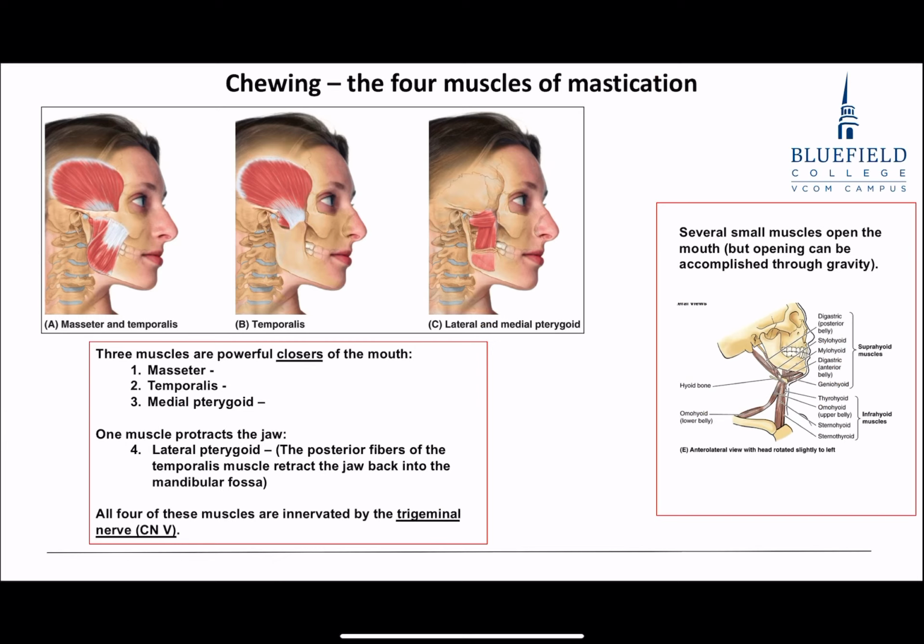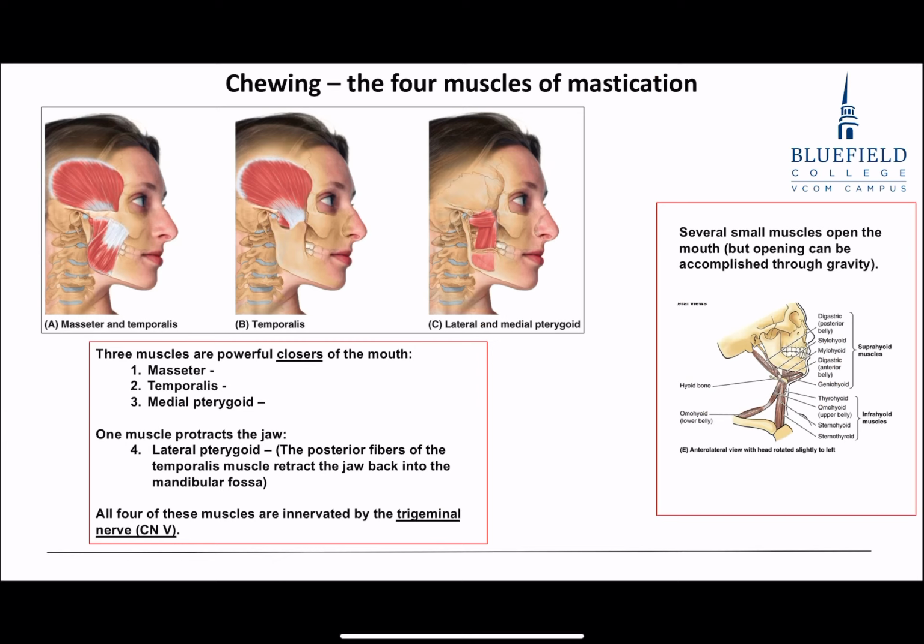So this temporalis muscle takes origin superiorly here from the temporal fossa of the cranial cavity, a big fan-shaped muscle. Then the muscle fibers converge onto a tendon that is going to attach to the mandible, in fact, to the coronoid process. We don't see that so well here.